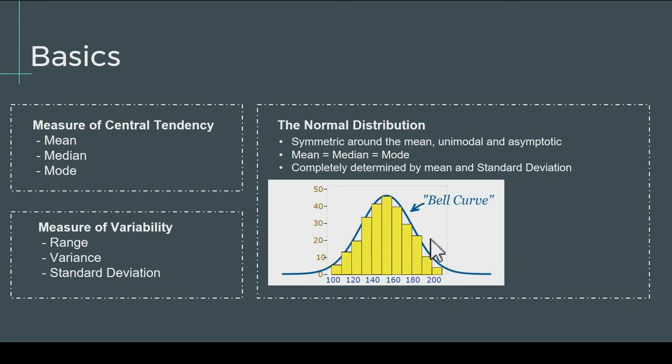That's why it's symmetric. It's unimodal, which means that there's only one value which occurs most frequently, and that comes in the middle section. If you observe over here, we have the values 140, 160, and if you look at the middle bucket, this is the value which occurs most frequently in the dataset.